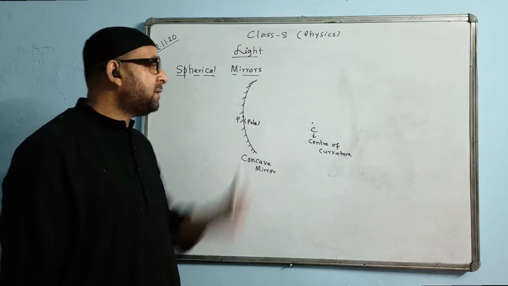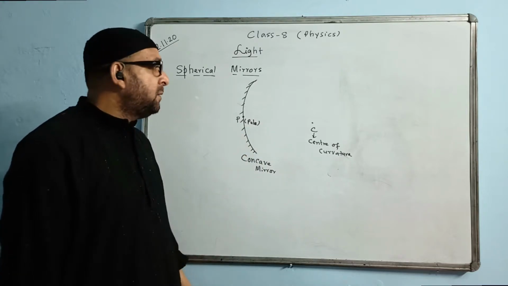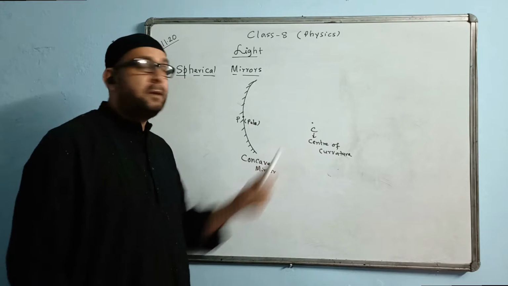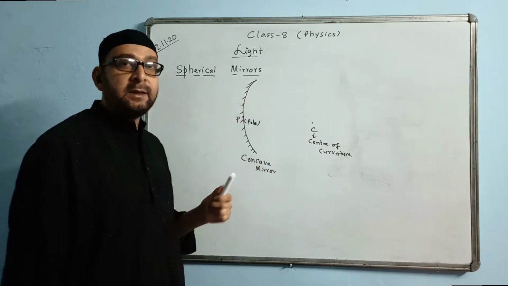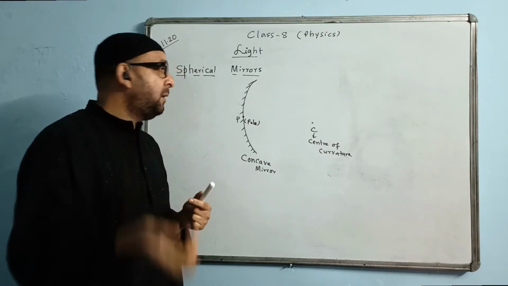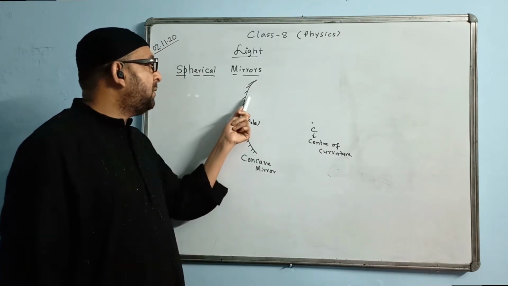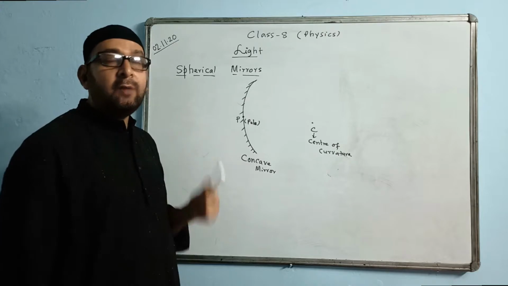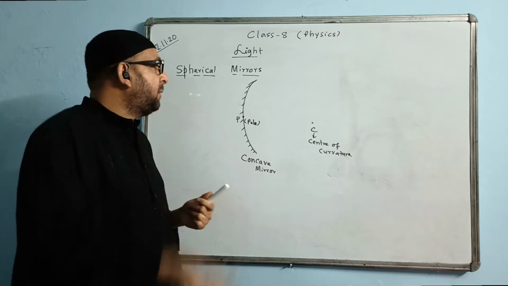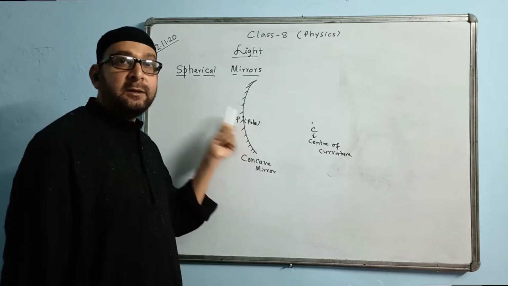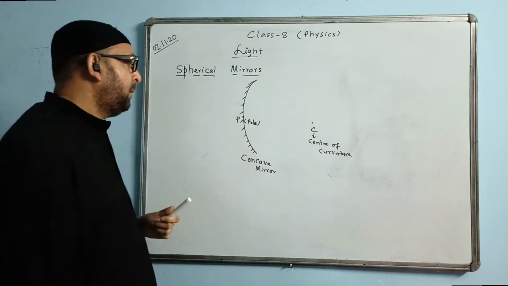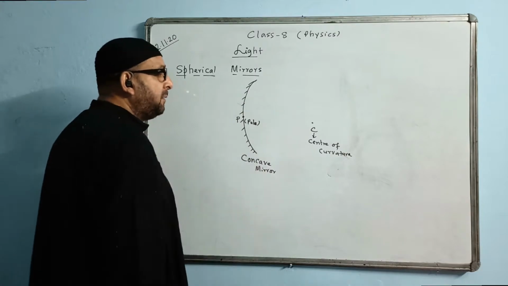A question very often comes: define the center of curvature of a spherical mirror. So we say it is the center of that sphere of which the given mirror is a part, or from which the mirror is carved out.